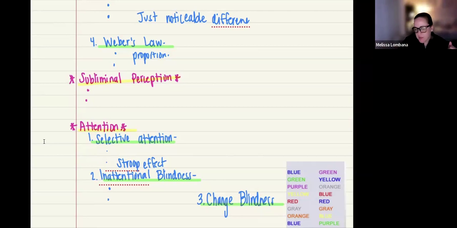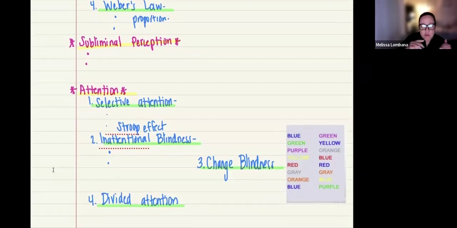So there's that. Now we're going to go into attention, because in order for us to process anything in our environment, all of these energies and stimuli that are out there, in order to really understand it, we need to be paying attention. There are different ways of paying attention. The first one is selective attention.